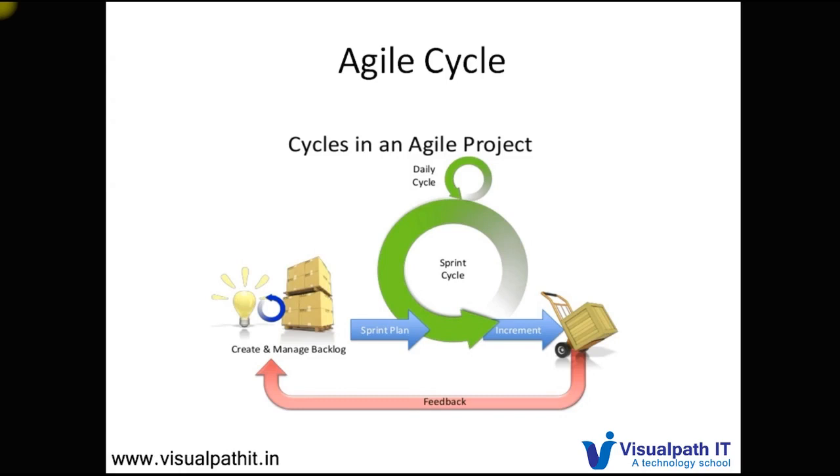Agile comes with an alternative: instead of taking all the requirements at once, we take some requirements and make a sprint out of them, and deliver in a very short cycle, say 1 month. In 1 month these requirements will be picked, developed, tested, and then given to the client for feedback. So this is the Agile cycle.